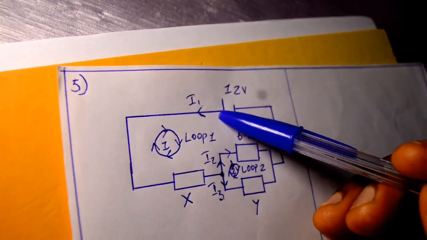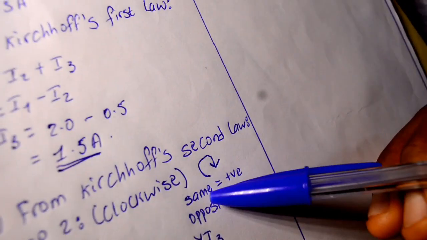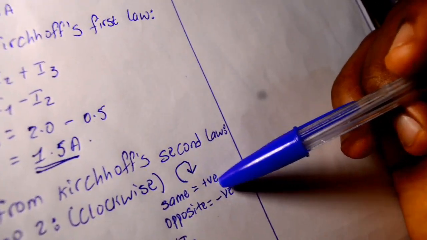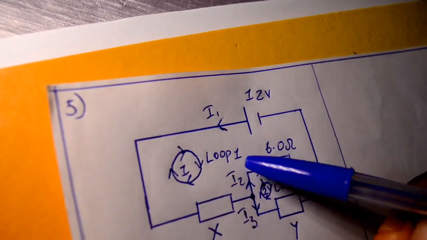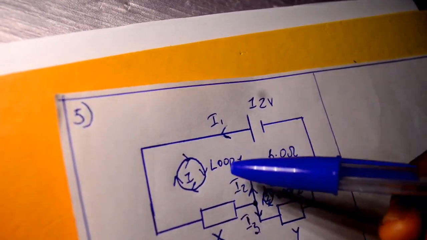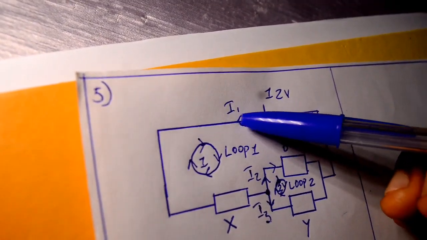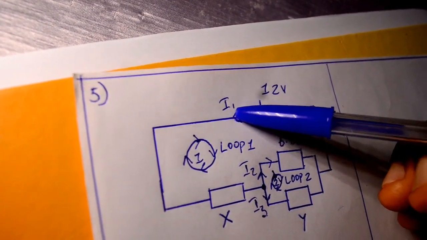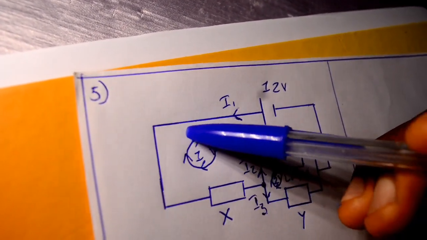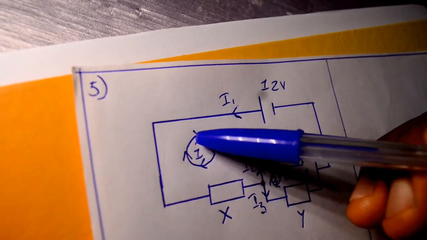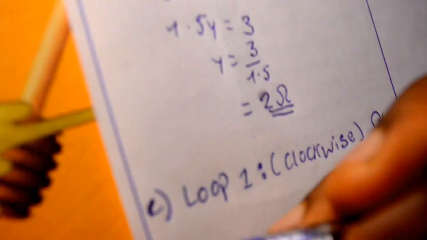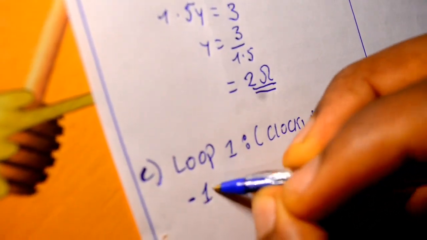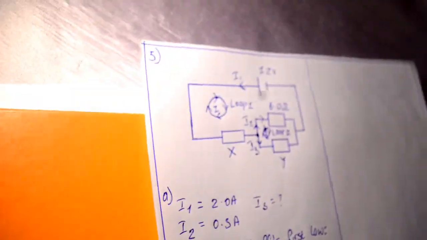Is it going against the loop or in the same direction as the loop? Because we need to determine the sign. Current from the battery is going towards the left, and the clockwise loop is going towards the right. So it's the opposite direction, so it must be negative 12. There's only one battery, so that's all on the left.